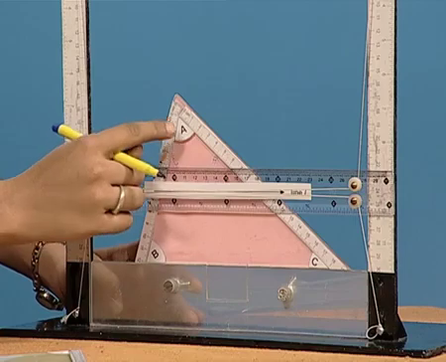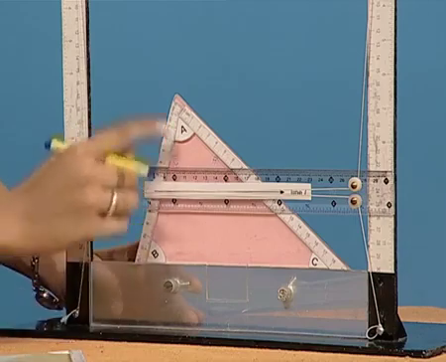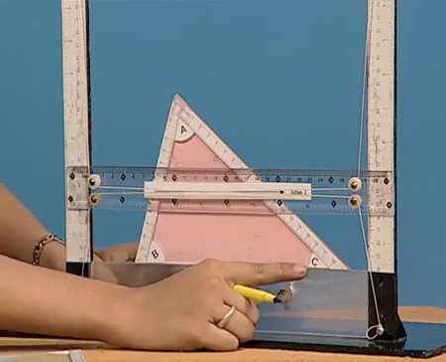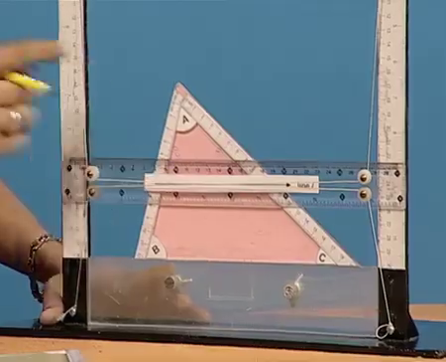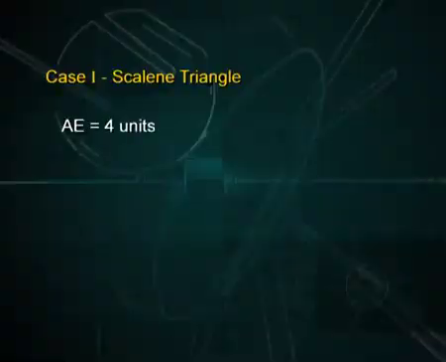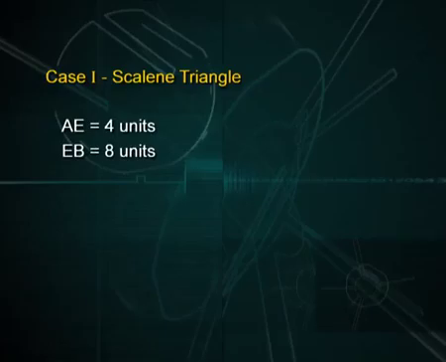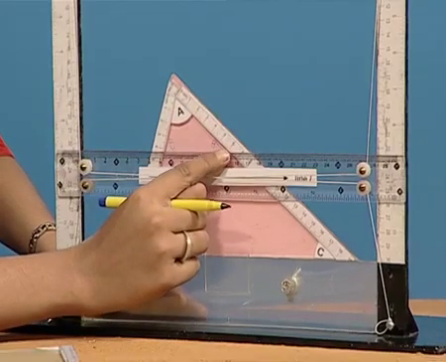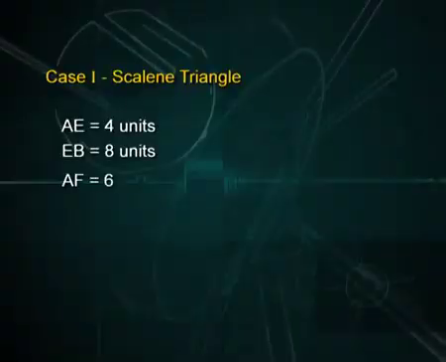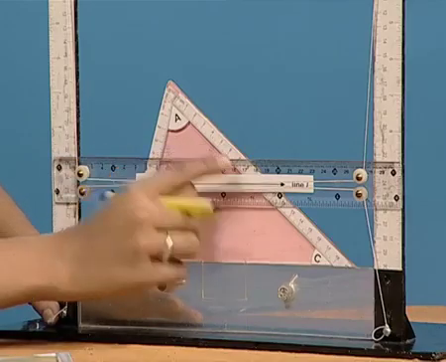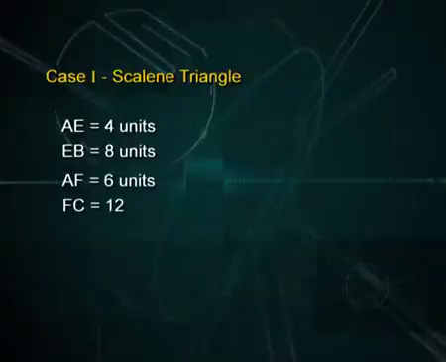Now on measuring AE, EB, AF and FC, we can see that AE is 4 units, EB is 8 units. Similarly, AF is 6 units and FC is 12 units.